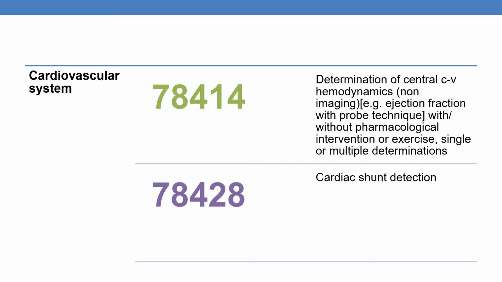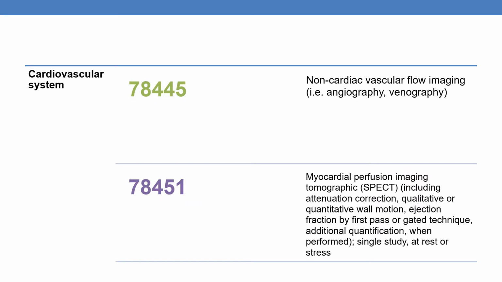And the next code should be 78429, but it is given out of sequence with another series. So first we will be discussing 78445. The description is non-cardiac vascular flow imaging, for example angiography and venography. For non-cardiac vascular flow imaging, you need to report 78445. The next CPT is 78451.